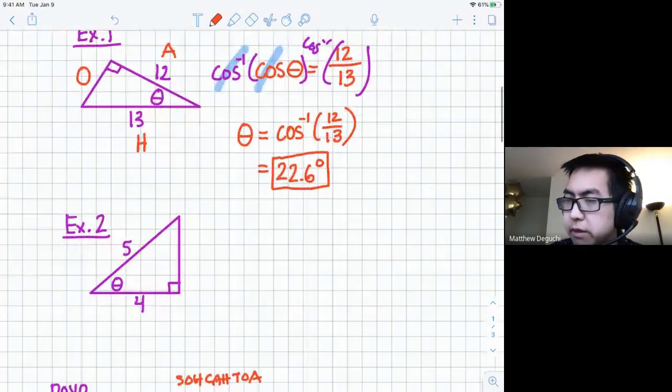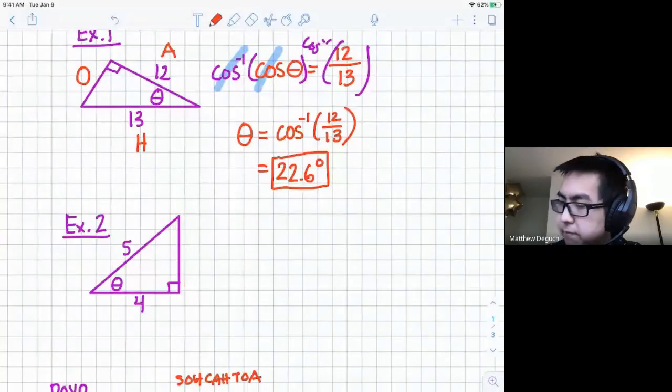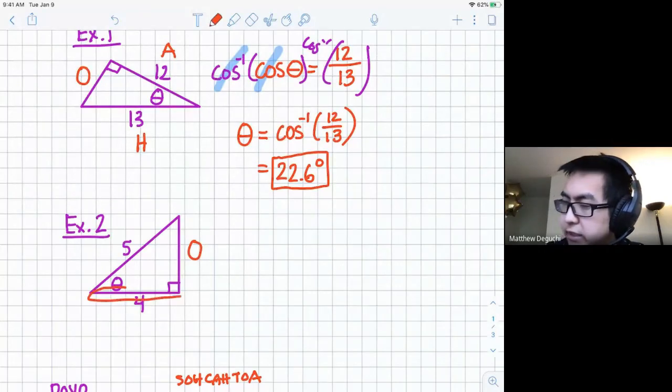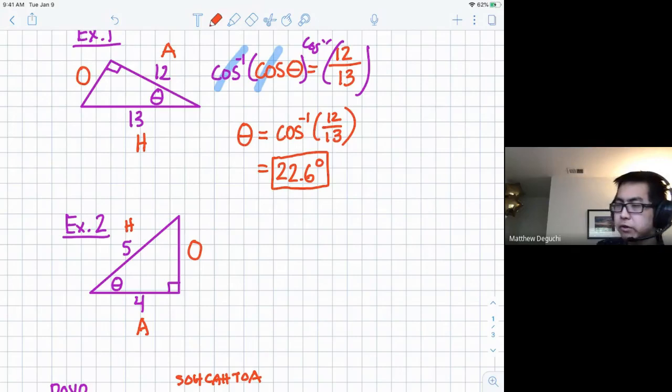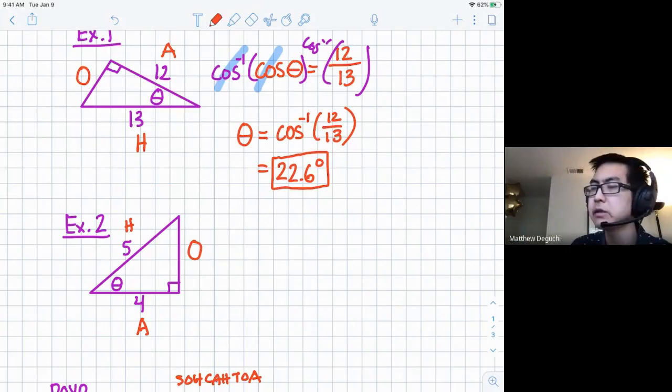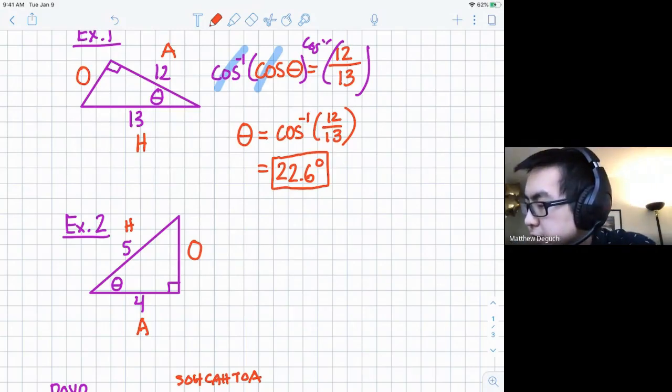Okay, so right here is the opposite. This side is adjacent, and this side is the hypotenuse. Now, when you take a look at this, there's information at A, the adjacent side, and the H side. So that's going to be cosine again. So cosine theta is equal to adjacent, which is 4, over hypotenuse, which is 5.